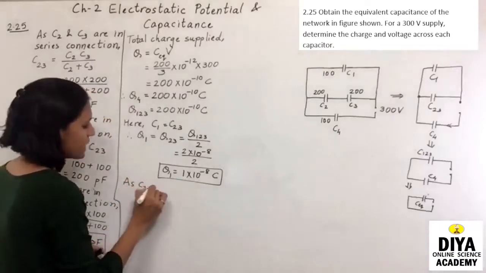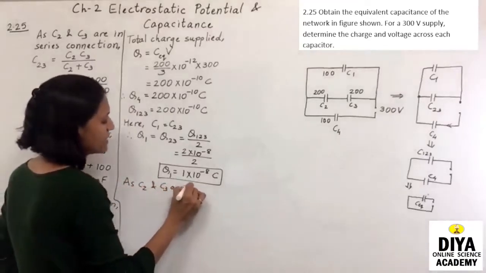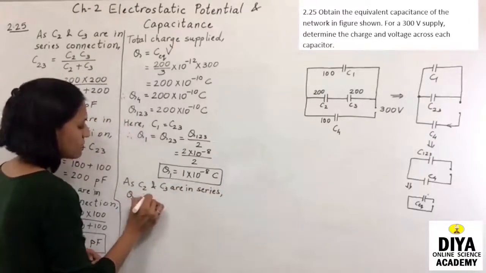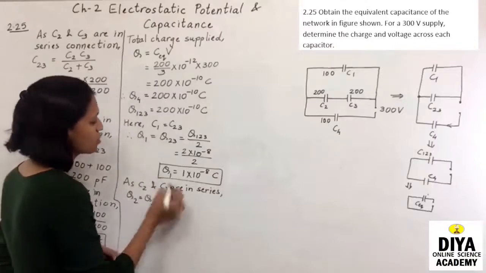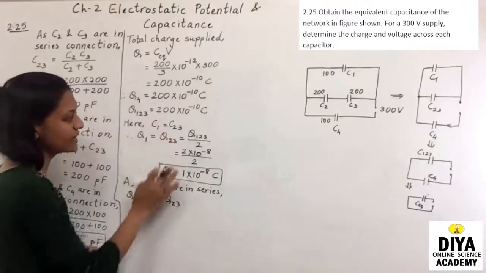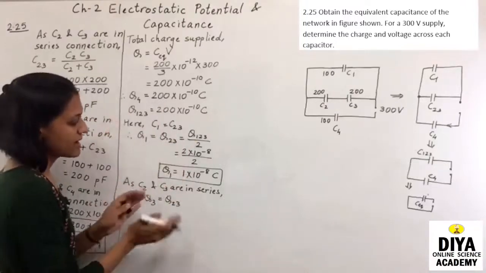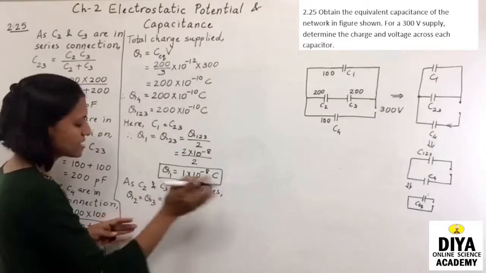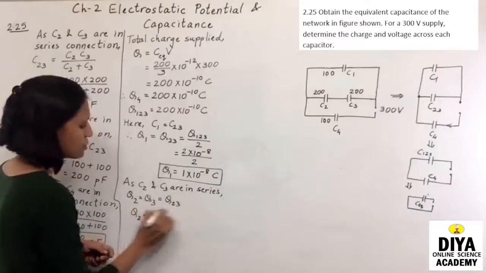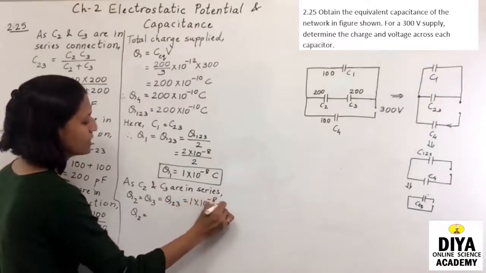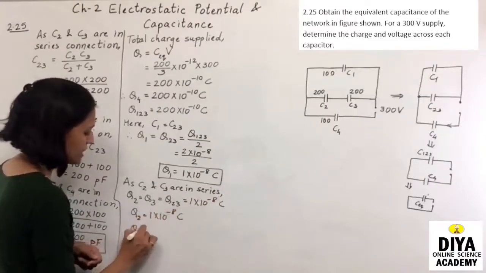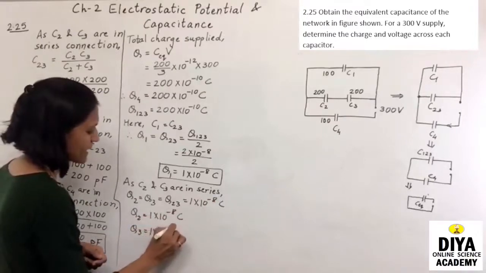As C2 and C3 are in series connection, Q2 equals Q3 and that will be equal to this Q23 only. पैरेलल में है तो डिवाइड करना पड़ेगा जितनी भी ब्रांचेज है उससे. यहाँ पर यह सीरीज में है इसलिए उतना ही मिलेगा, सीरीज में चार्ज चेंज नहीं होता. तो वो वैल्यू कितनी, Q2 equals 1 into 10⁻⁸ Coulomb and Q3 is also equal to 1 into 10⁻⁸ Coulomb.